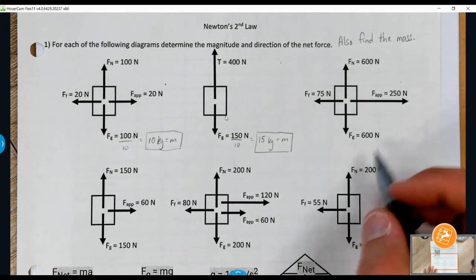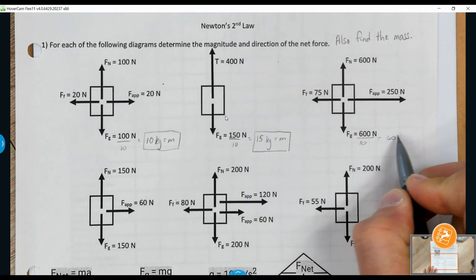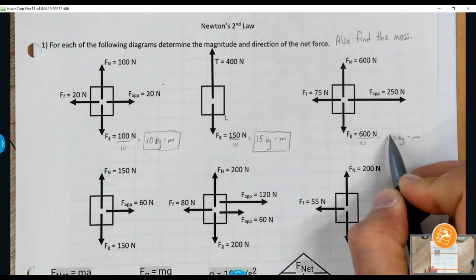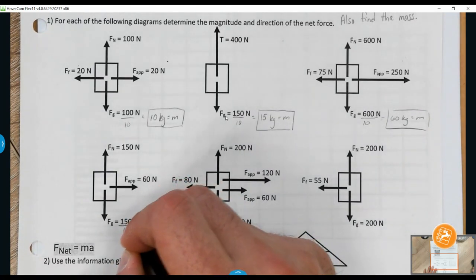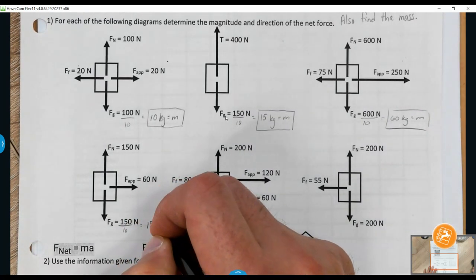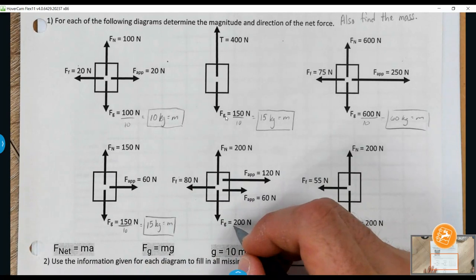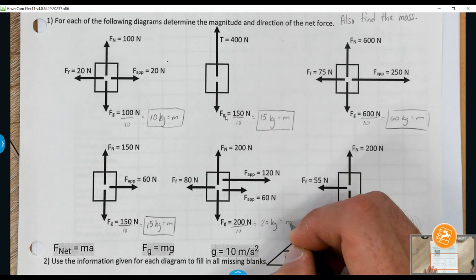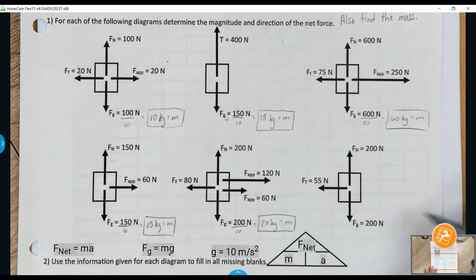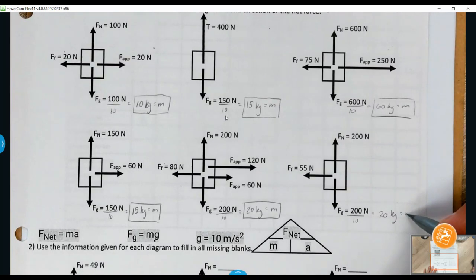The next one, 600 divided by 10. 60 kg as our mass. 15 kilograms equals mass. 200 divided by 10, you're going to get 20 kilograms for the mass. And 200 divided by 10, again, also 20 kilograms for the mass.